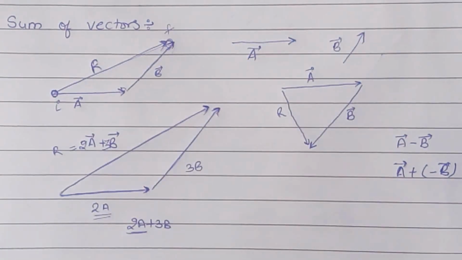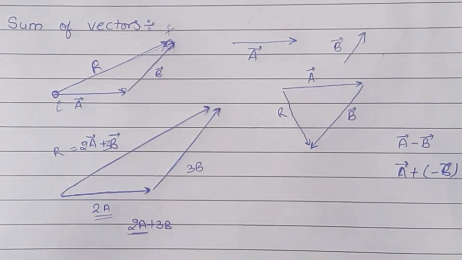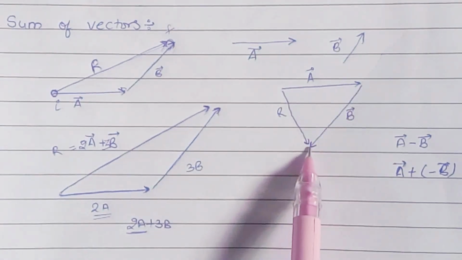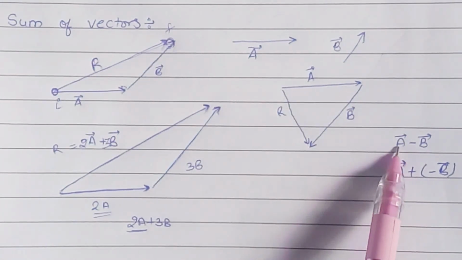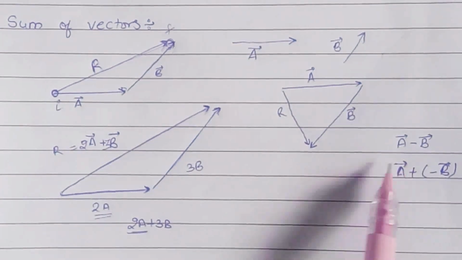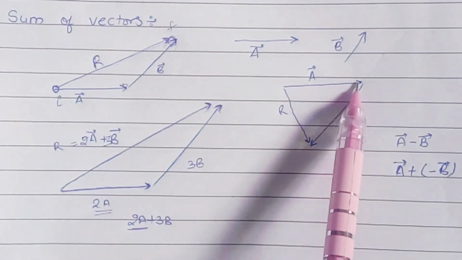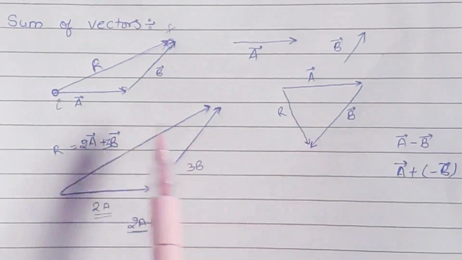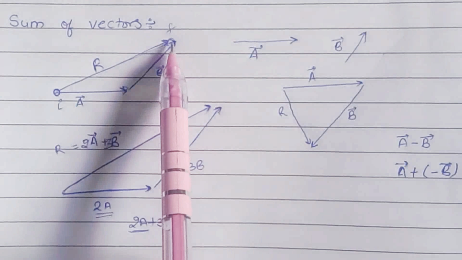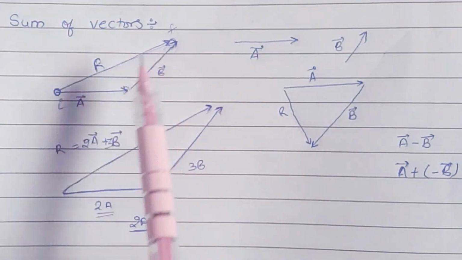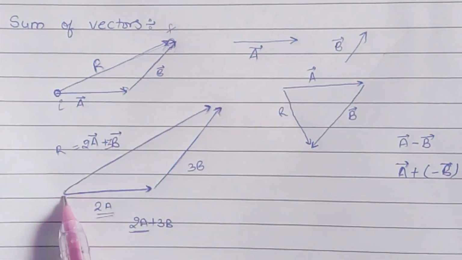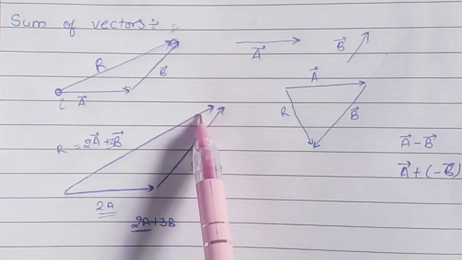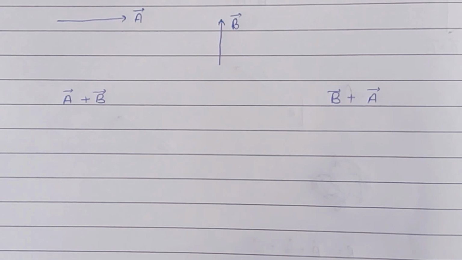Always the resultant vector will be from initial point to the final point. You just see in this example, initial point is this, final point is this, because we are adding a vector plus minus b vector. So in this one, initial point is this, final point is this, so final vector or resultant vector is like this one. Let's take an example.